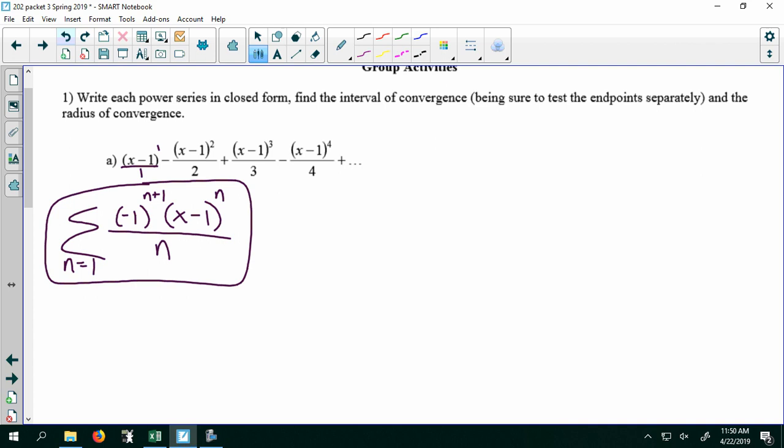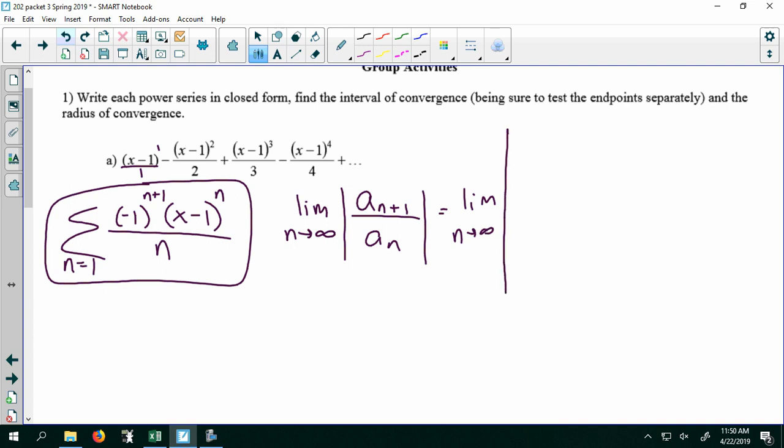Next step is to do the ratio test to find the interval of convergence. So the ratio test says take the limit as n goes to infinity of the absolute value of a sub n plus 1 over a sub n. So this is the limit as n goes to infinity of, I'm going to do a big absolute value here, and I'm going to put a sub n plus 1 on top. That means replace every single n in the closed form formula with an n plus 1.